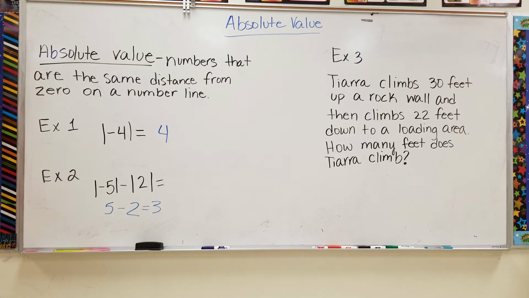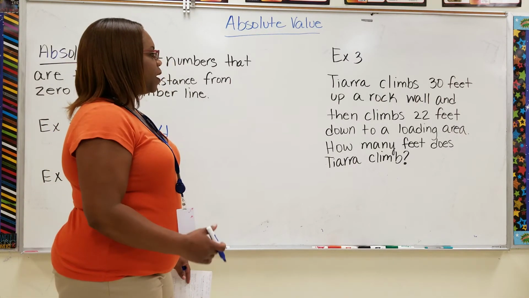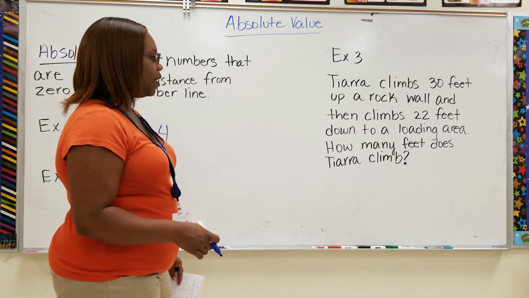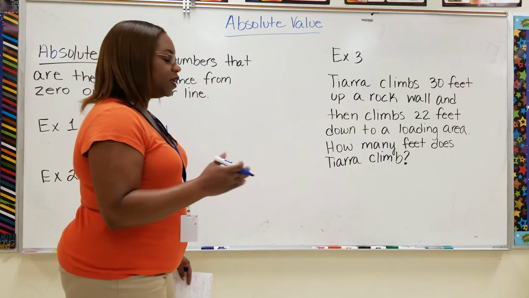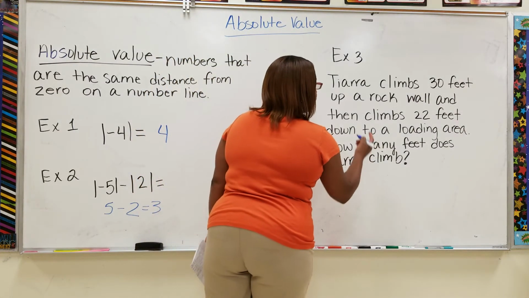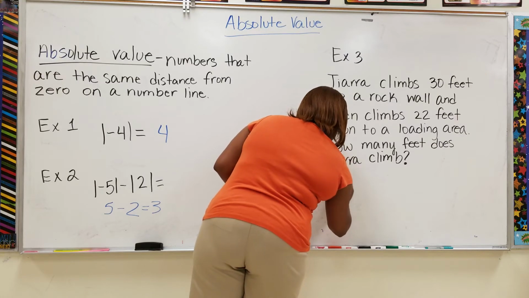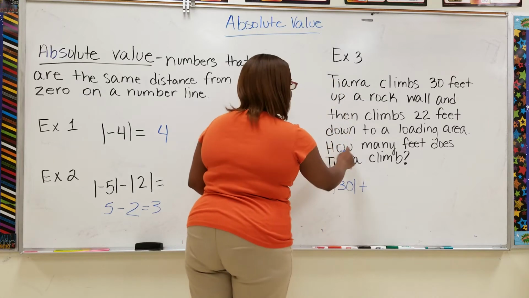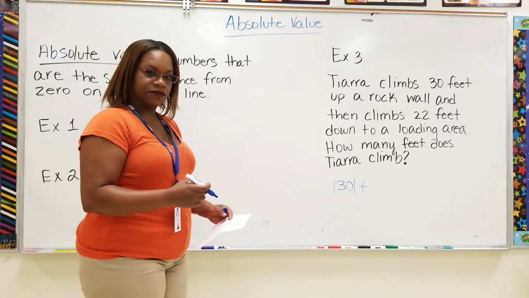So now let's move on to example number 3. Tiara climbs 30 feet up a rock wall and then climbs 22 feet down to a loading area. How many feet does Tiara climb? So again, we're using absolute value to answer this question. So we're going to take 30 feet, the absolute value of 30, plus, because they're asking us how many feet does Tiara climb, they're asking us to add it together, okay?